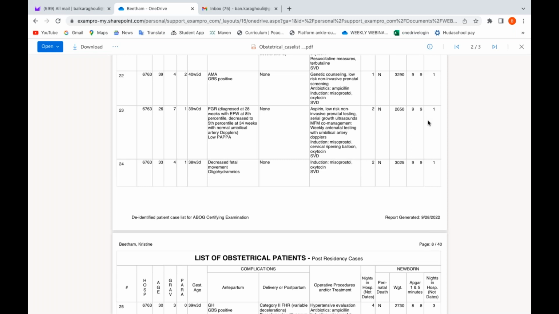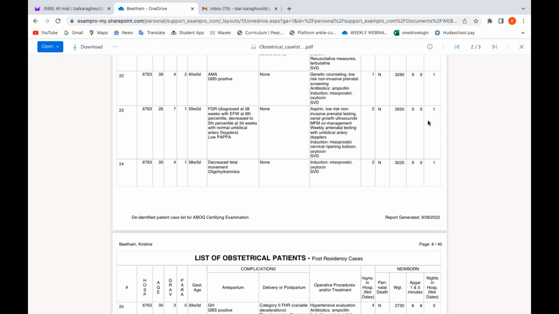And with the growth ultrasounds, I'd be monitoring the umbilical artery Dopplers as well. I'd also want to initiate antepartum testing with BPPs and NSTs, looking for any signs of oligo or reversed flow on the umbilical artery Dopplers.